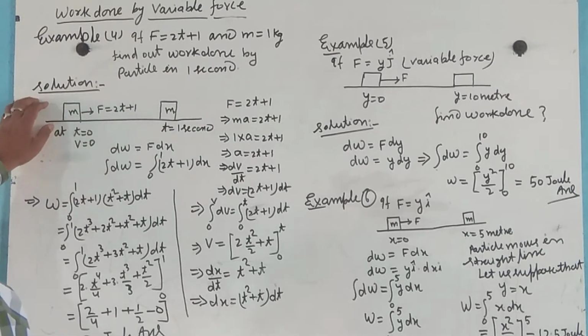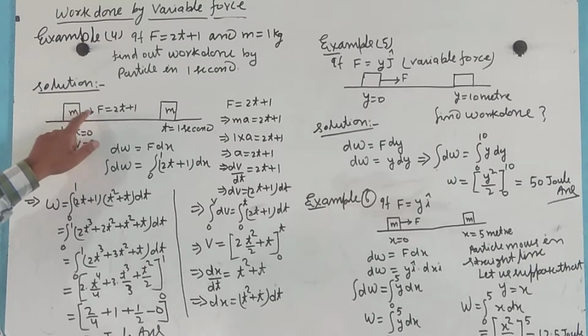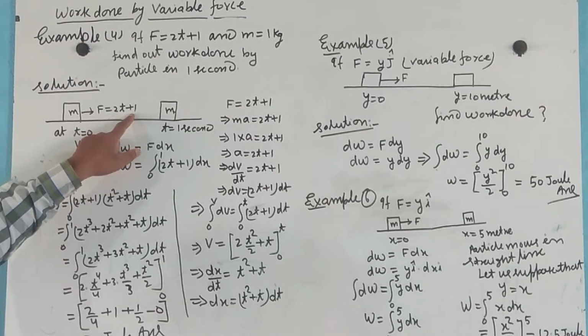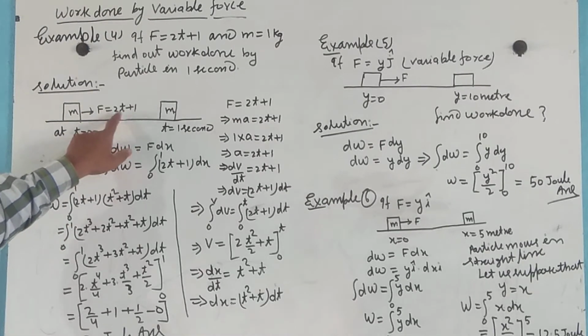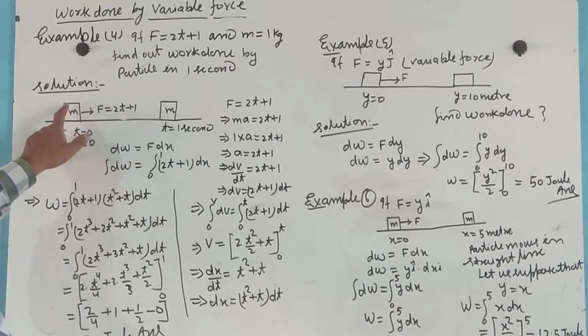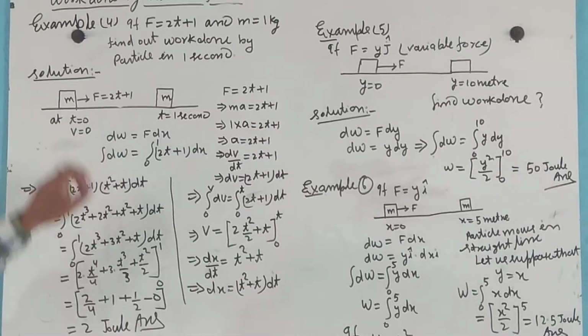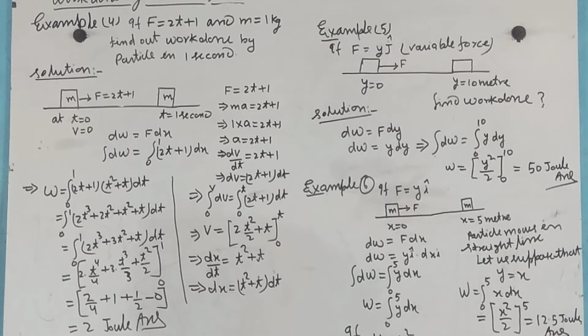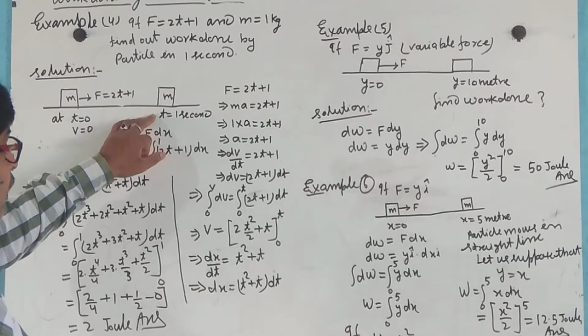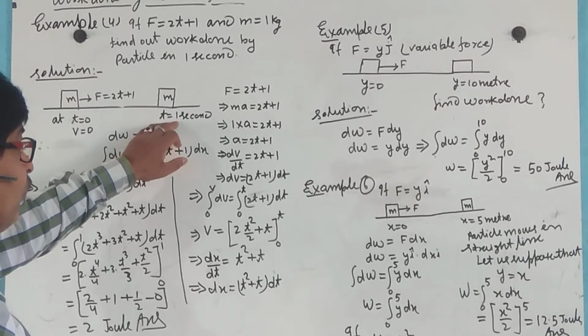Now here the force F is equal to 2t plus 1, force is a function of t applied on the particle. At t equal to 0, we have to calculate the work done after 1 second.